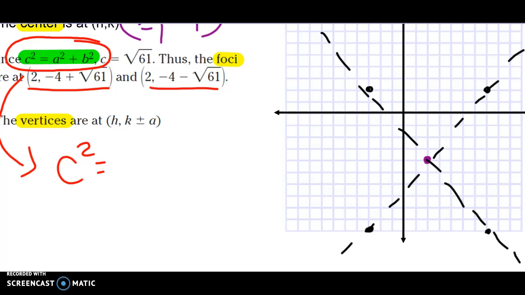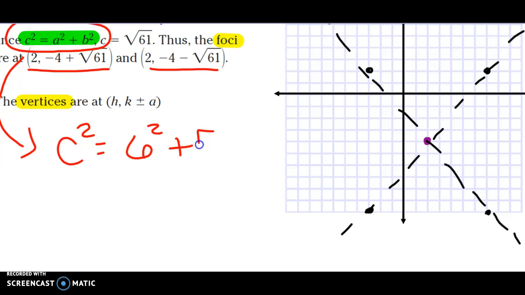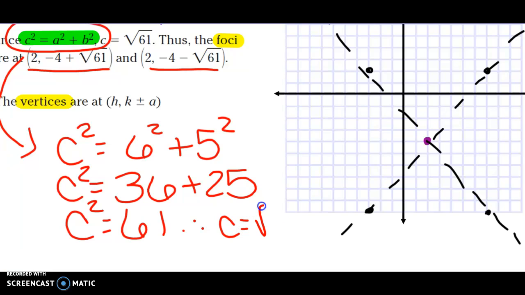A is 6, so 6 squared, and b is 5, so we're going to square it. Okay, so 36 plus 25, and we get c squared is 61. So therefore, c is equal to the square root of 61.